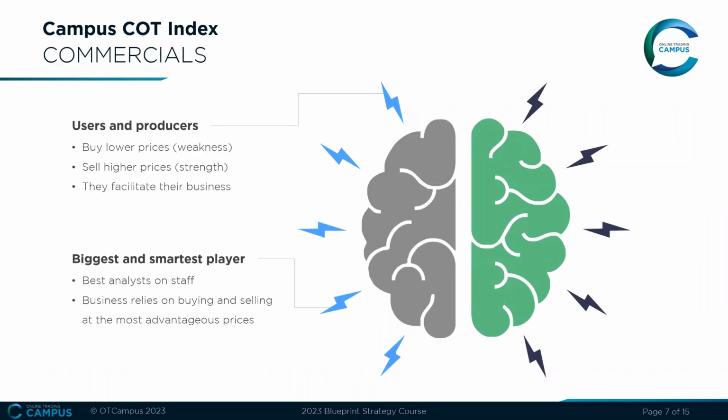So let's talk a little bit about the commercials' key characteristics, specifically in terms of how they make money. The commercials, the users and producers of the commodities we trade, will sell at higher prices and buy at lower prices. Let me illustrate this using a palladium example. If I'm a producer of palladium and I have a lot of palladium in my bins or in my storage, whatever the terminology would be, I'm not sure.